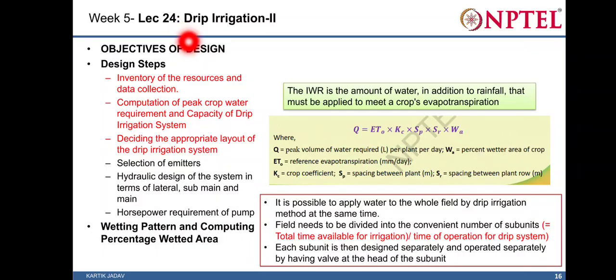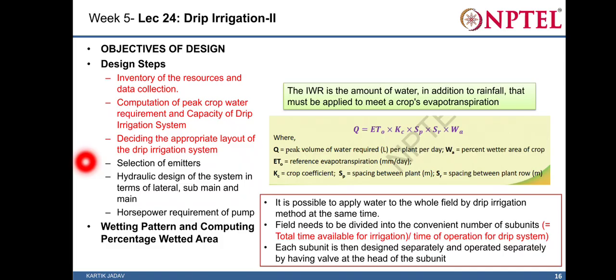Then we have also talked about the design steps that we must keep in mind. First is the inventory of resources and data collection, which is a fundamental step in any system design, and then computation of peak crop water requirement and capacity of the drip irrigation system. Then we need to decide the appropriate layout of the drip irrigation system based on farm size and farm shape.